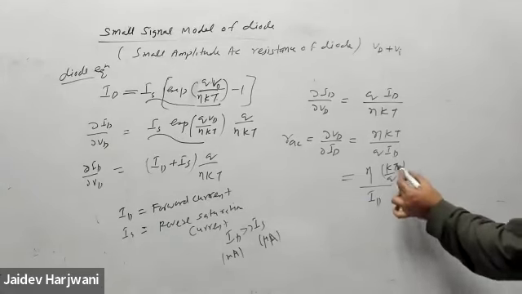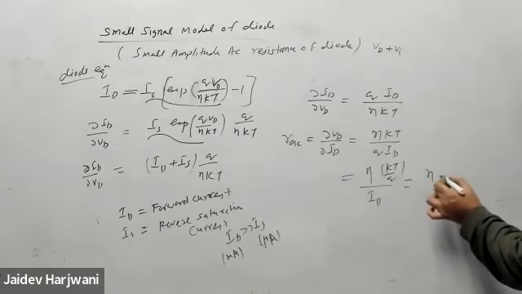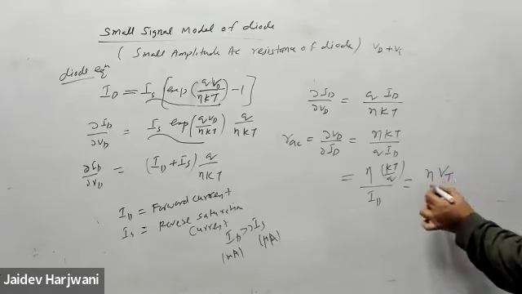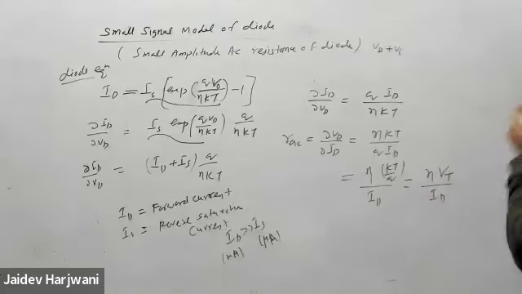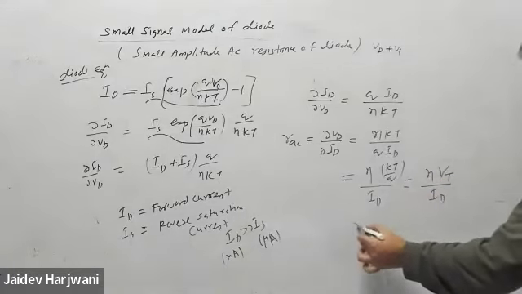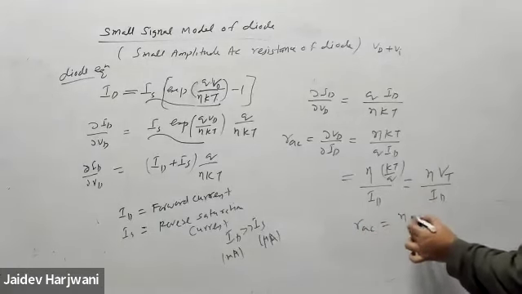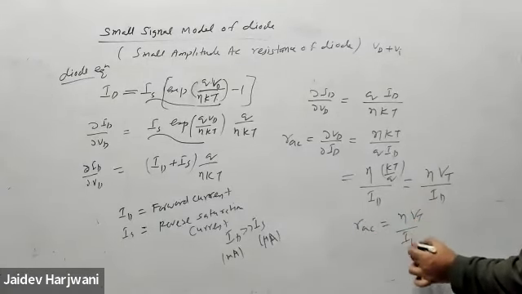KT by Q is called thermal voltage VT. So now the formula for RAC becomes eta VT upon ID.